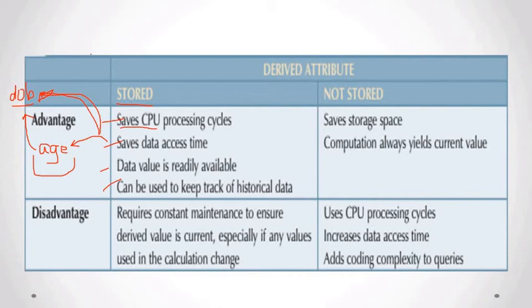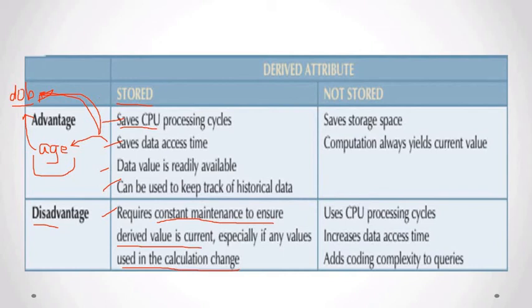So what are the disadvantages if the data are stored? Okay, it requires constant maintenance to ensure the derived value is current, especially if any values used in the calculation will change.